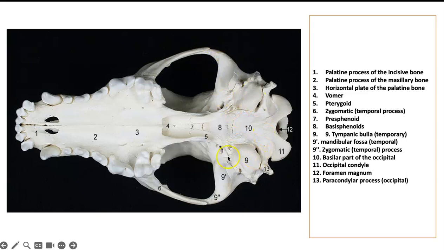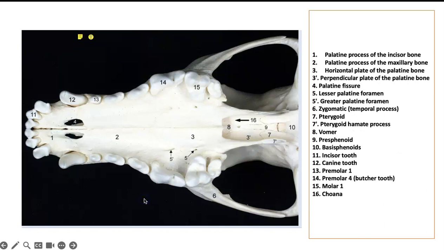You can see also the tympanic bulla, and you can see the zygomatic process of the temporal bone right here. This one will be the zygomatic process of the temporal. This will be the temporal process of the zygomatic.